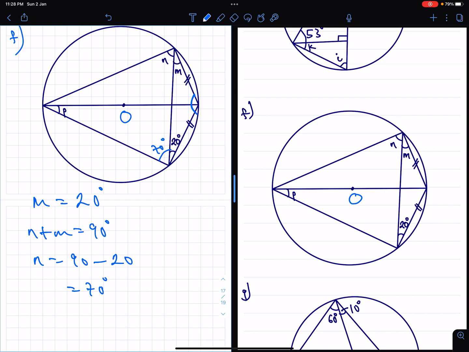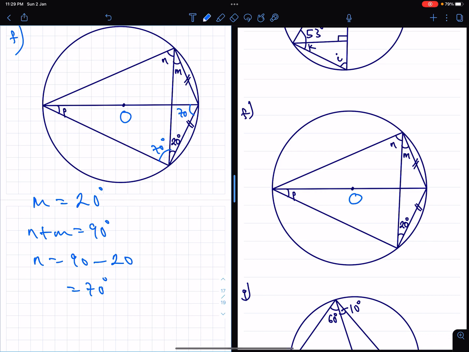That's 70, and what else? Oh, okay, now I can see that this is also going to be the same as N. Yes, angles in the same segment. This angle will be the same as N. This is also N, and that means this angle is also 70 degrees.